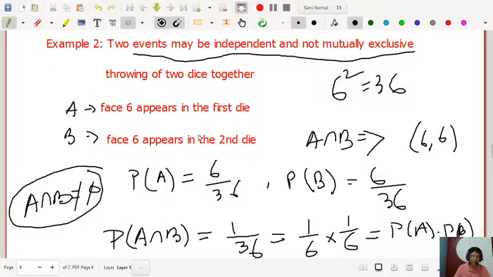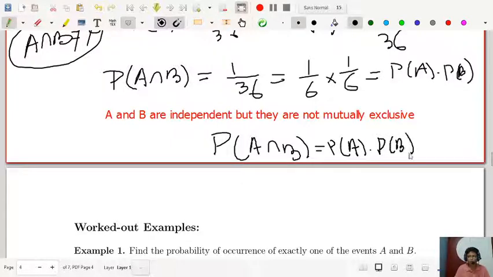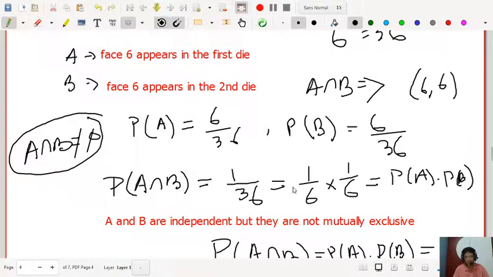In that case, your probability of A intersection B equals probability of A into probability of B, which equals 0. In that case only it is possible that two events are independent and mutually exclusive. Otherwise, for non-zero probabilities, it is not equivalent. Clear? So these are the cases.